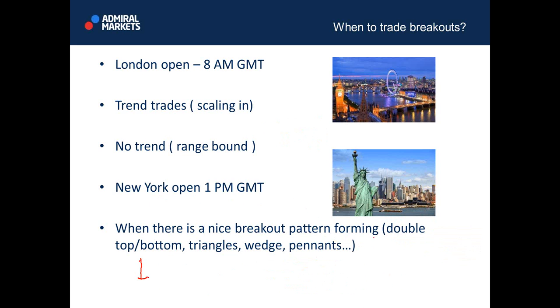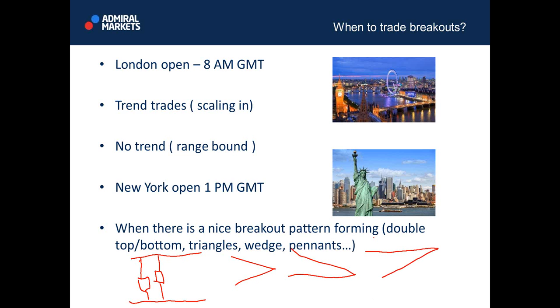When price is trying to break this level and unfortunately it cannot break it, then that is a double top. The same thing applies to double bottom. Triangles, this is a symmetrical triangle. This is a flat bottom descending triangle. This is a flat top ascending triangle.